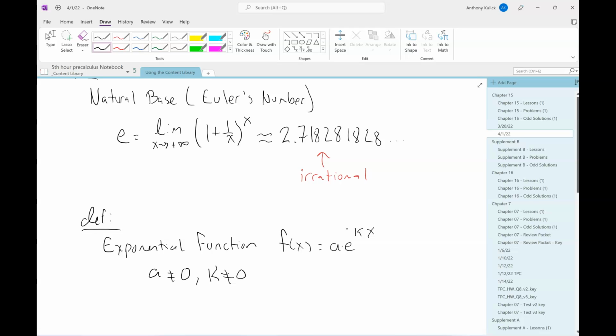So any function we can write as a times b to the x, we could also write as a times e to the kx. We'll talk about how to do that transformation back and forth between those a little bit later. Is that okay?